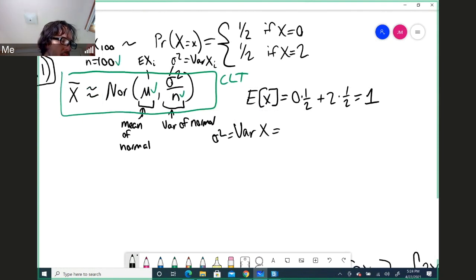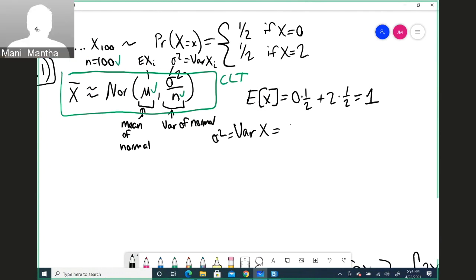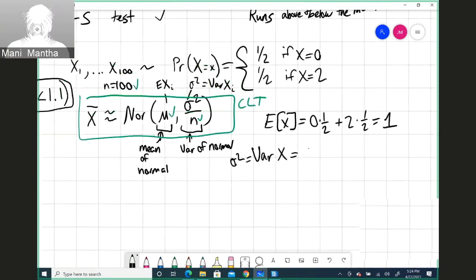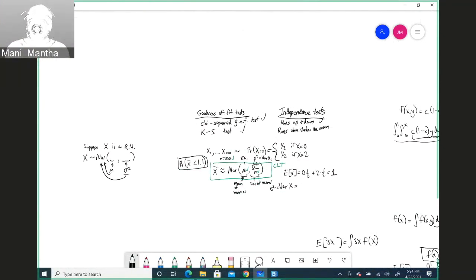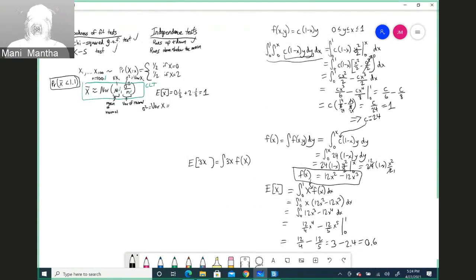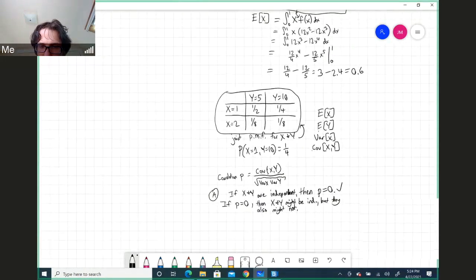Probably the most basic formula is the one where you take the summation, so E of x squared that we saw earlier, like E of x squared minus E of x, whole squared. I see, I know what you're saying. Let me find that one. I thought I had it somewhere.